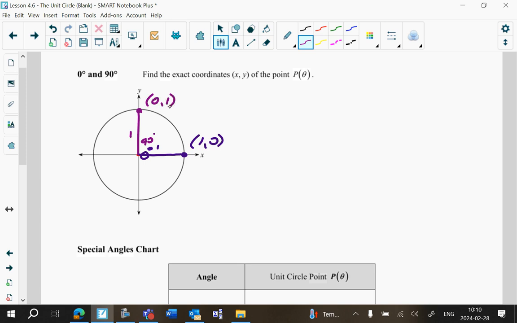Okay. Because at 0 degrees, that's just looking at the coordinate grid. If it's 0 degrees, it's right flat, so it goes to the point 1, 0. If it's 90 degrees, it's a quarter up, so it goes up to 0, 1 on the unit circle.